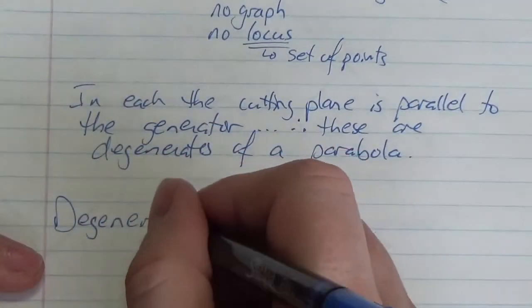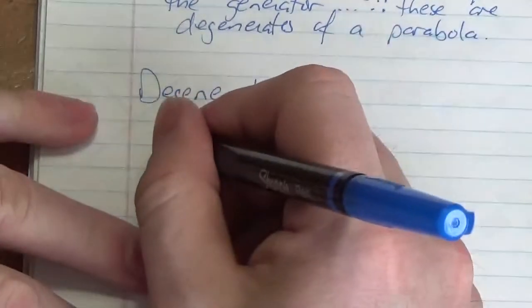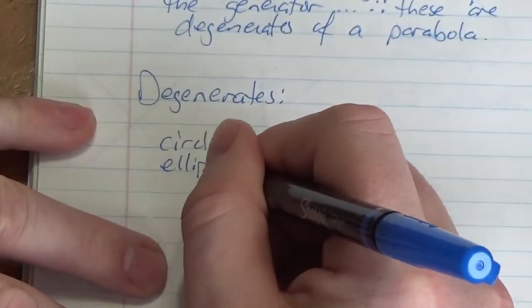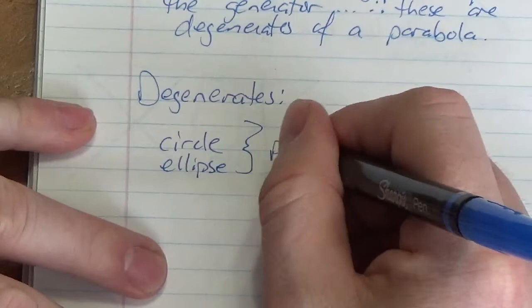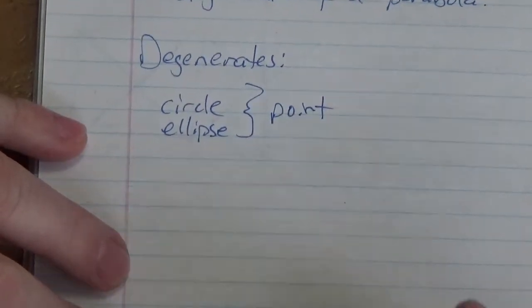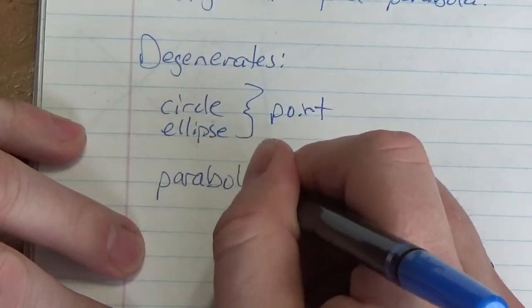Degenerates. When we're talking about a circle, or an ellipse for that matter, we're looking at just a point. The degenerate of a circle, the degenerate of an ellipse, is a point. The degenerate of a parabola, though, well, we've got a few.